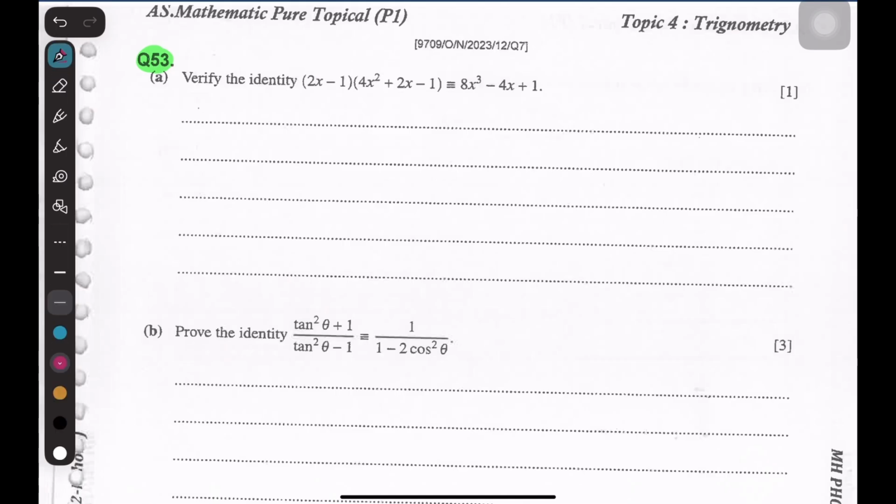That will be 2 4s are 8x cubed plus 4x squared minus 2x minus 4x squared minus 2x plus 1. So 8x cubed as it is, 4x squared and 4x squared cancel out, negative 4x plus 1. So we can say that we have verified as it's equal to the right hand side.